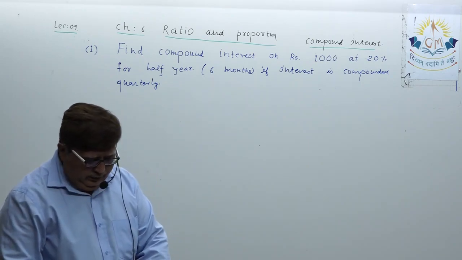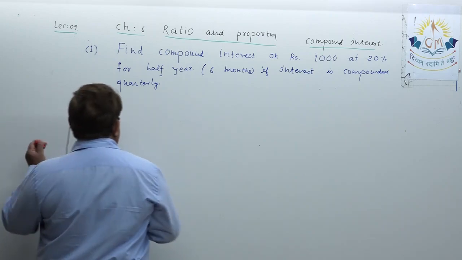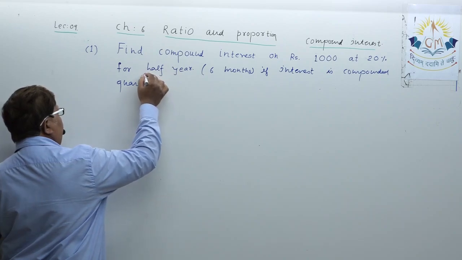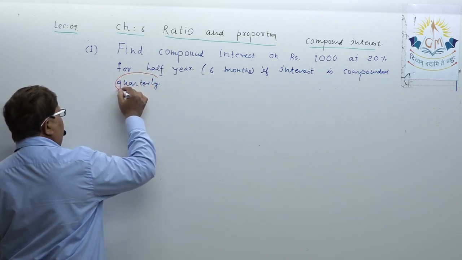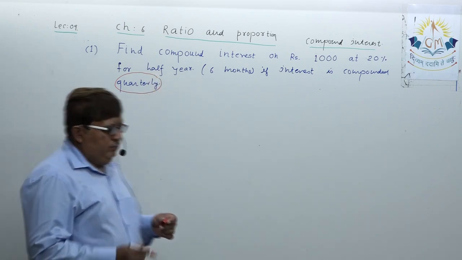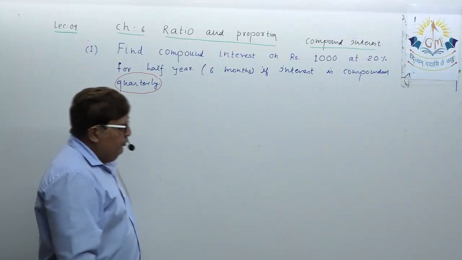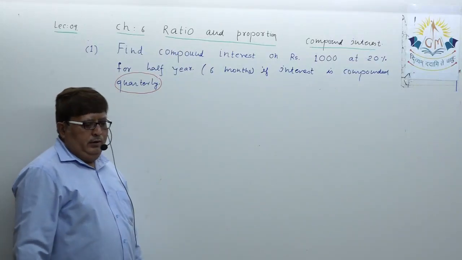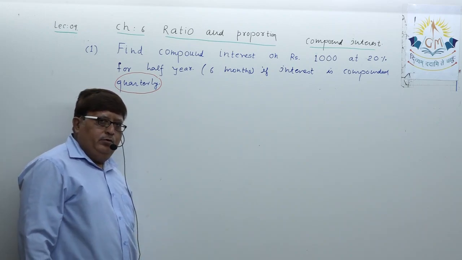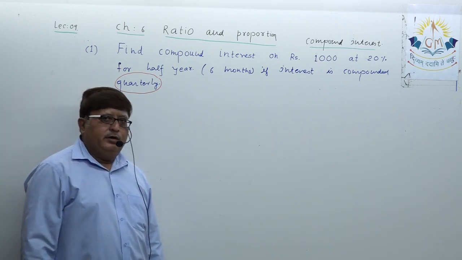If the interest is compounded quarterly, this word you need to concentrate on much. If the interest is compounded quarterly, what changes we have to make regarding solving this particular example?